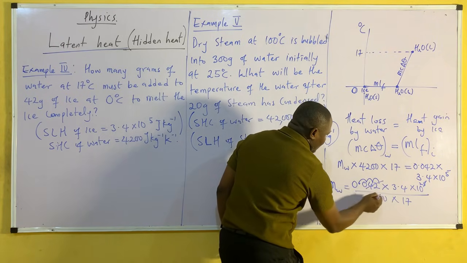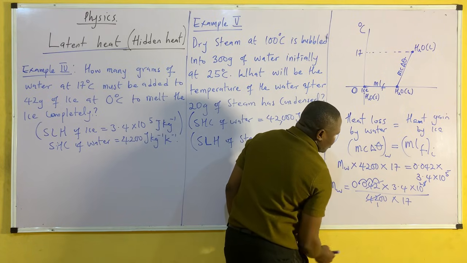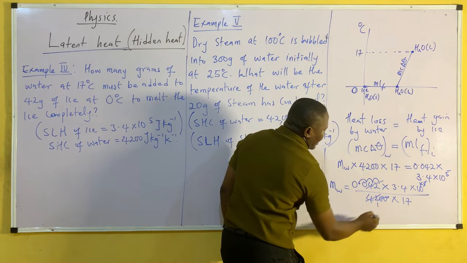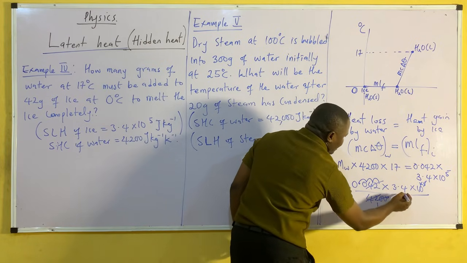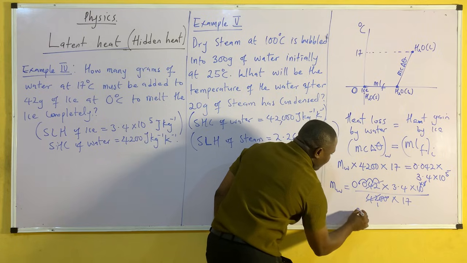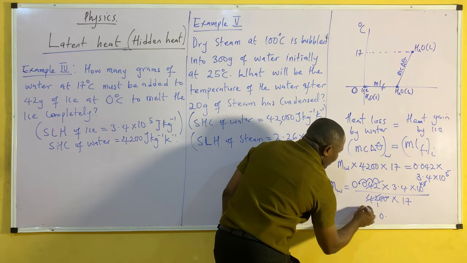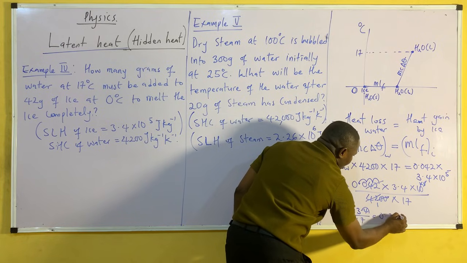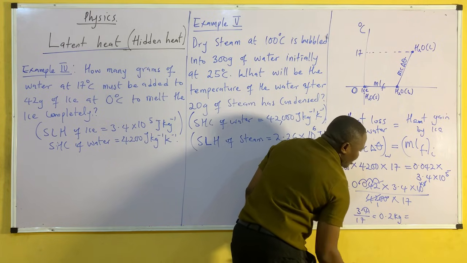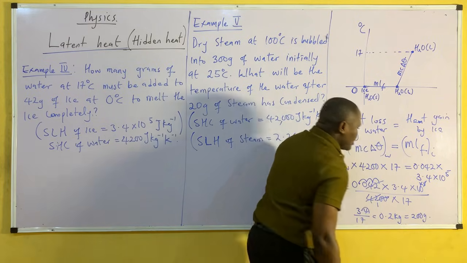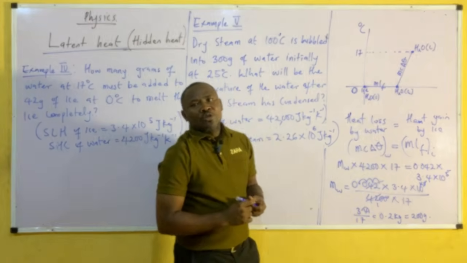Then this takes up this, you have this as 100. Then 2 here takes up this. Then I now have just 3.4 over 17. That will be 0.2 kg. 0.2 kg can also be 200 grams. That becomes the answer to this question.